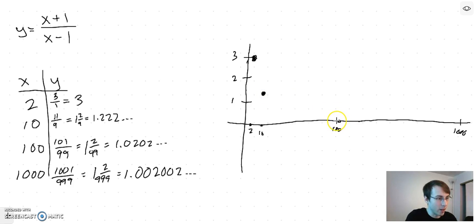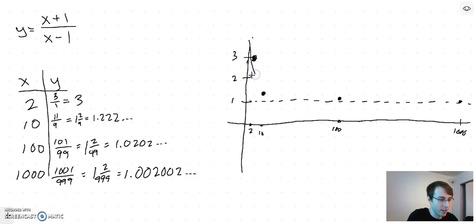At 100, we had y is 1.02. So that's getting pretty close to the line. Maybe I should draw it a little bit higher. Yeah, I'll draw this line first. At 100, 1.02, and then at 1,000, 1.002, so that's almost right on the line.